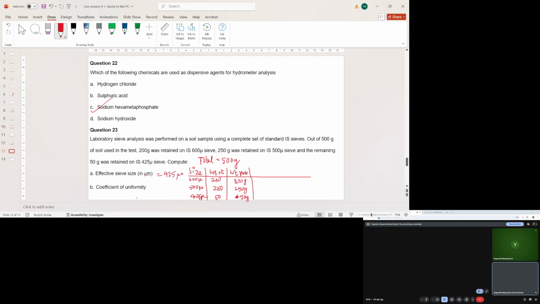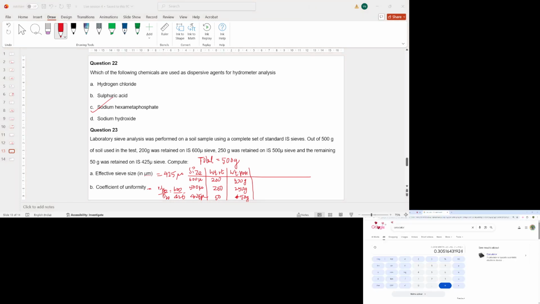And the coefficient of uniformity is D60 by D10, which is going to be 600 by 425, which is 600 divided by 425, going to be 1.4, right? So that's what is being calculated here.